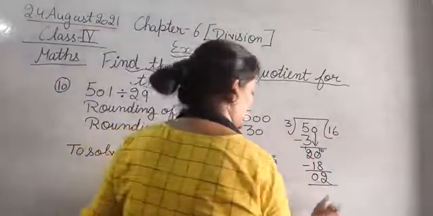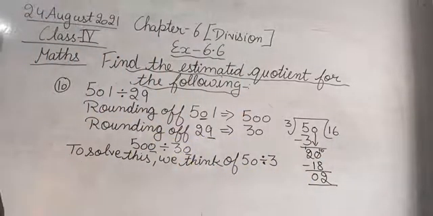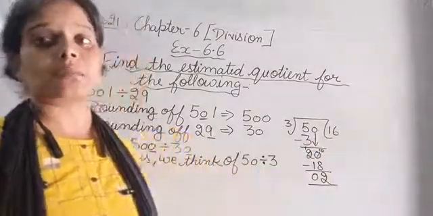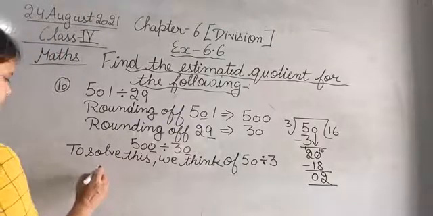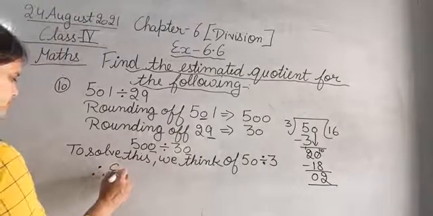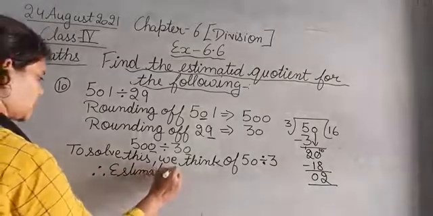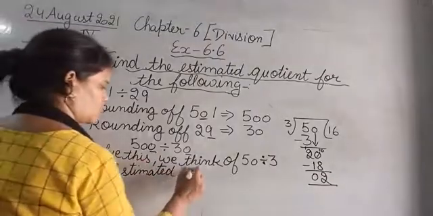So that means 2 is the remainder and 16 is the quotient. So what is this? This is an estimated quotient. 16 is an estimated quotient. So write down therefore estimated quotient.